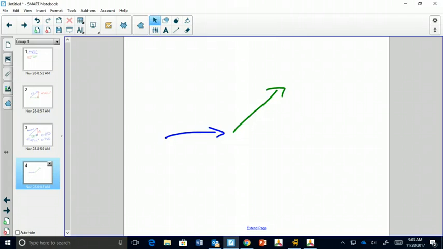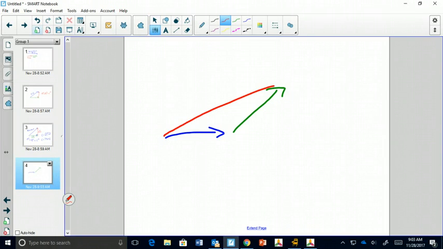So if I was trying to find this R, and I really should have moved that over, so we'll just extend this blue line just a little bit. If I wanted to find this R, there are ways we can do this. So the law of sines looks at different ratios, right?